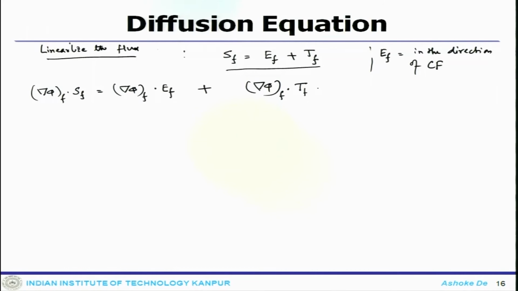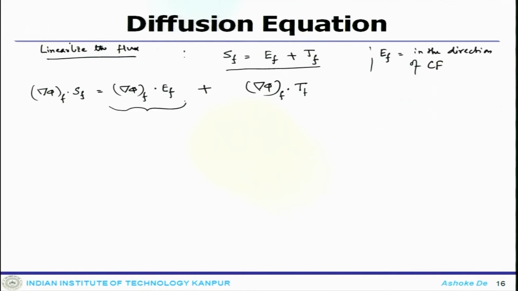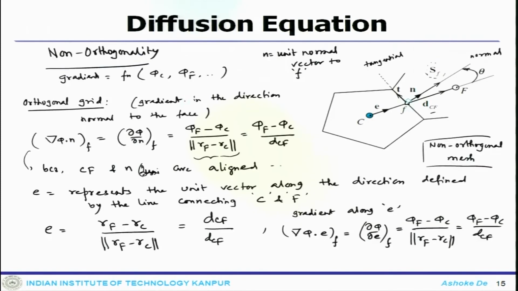This part is along the direction of CF. I have connected these two points, C and F, and the surface vector has two components, one going along this direction, another going along the tangential direction.